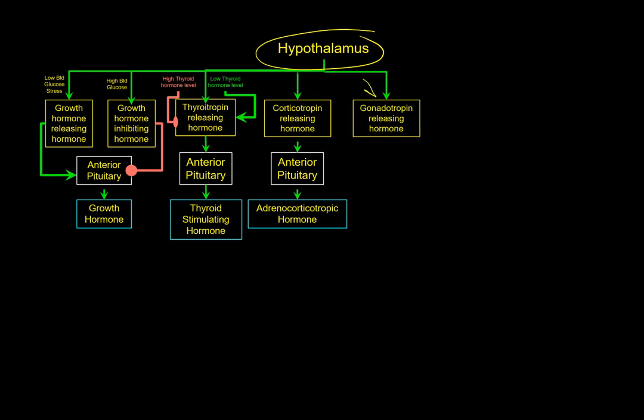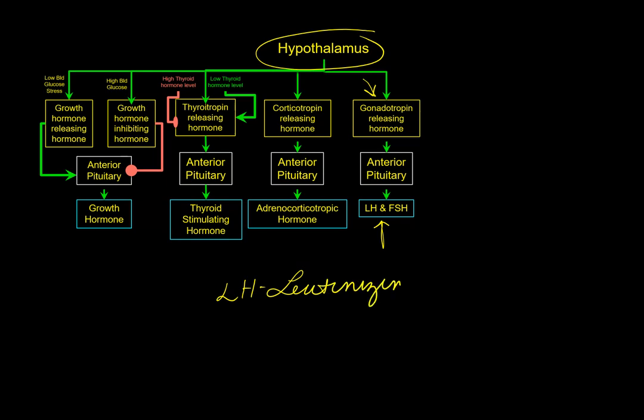Gonadotropin releasing hormone. Okay, so this goes to the anterior pituitary and causes the release of LH and FSH. LH is called luteinizing hormone.